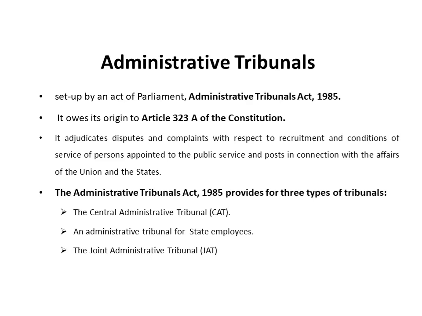The central government may establish such tribunals for state employees upon receipt of a request in this behalf from any state government. The third type of tribunal is joint administrative tribunals, which exercise powers of the administrative tribunals for two or more states.